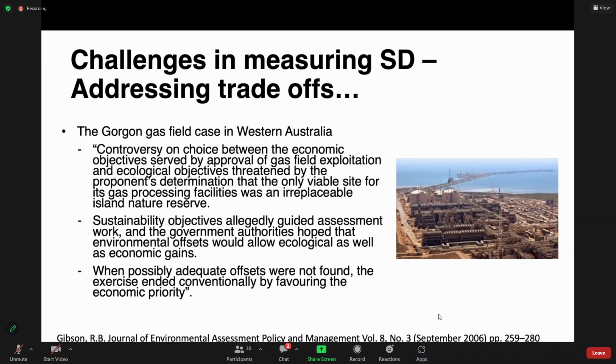The point here is that at the end of the day, when you can't find adequate ways of offsetting the environmental or social impacts, usually the economic side ends up being prioritized. That's how decision making usually still happens.